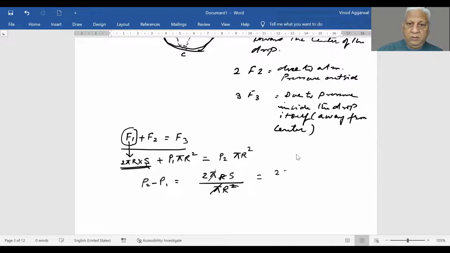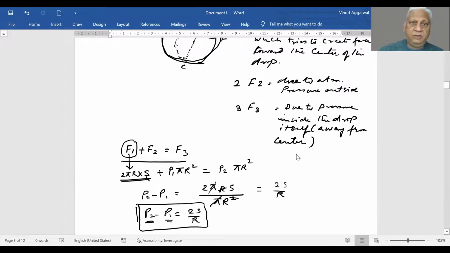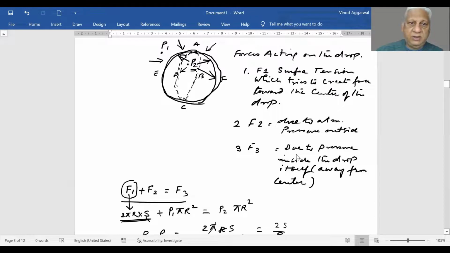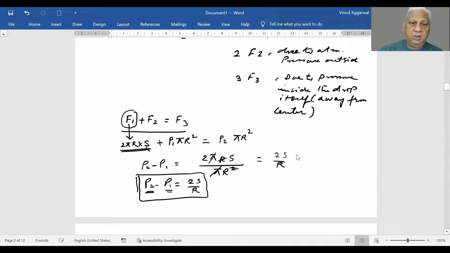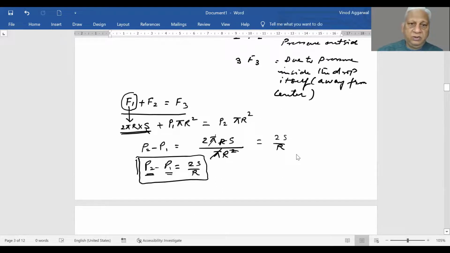We get two things. P2 is greater than P1, which means the pressure inside the drop is more than the pressure outside, one thing. And the difference of the two is given as twice the surface tension divided by the radius of the drop.